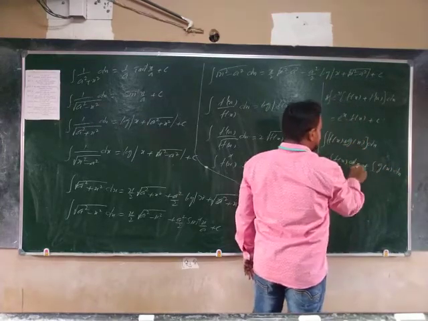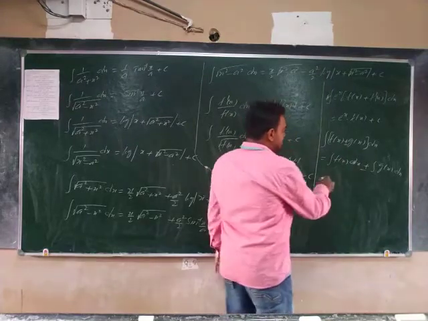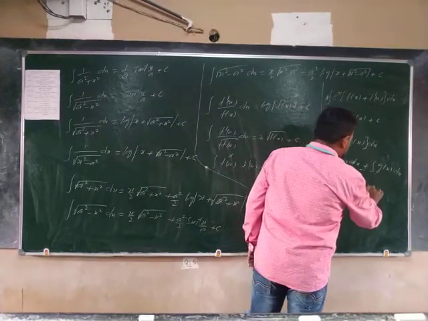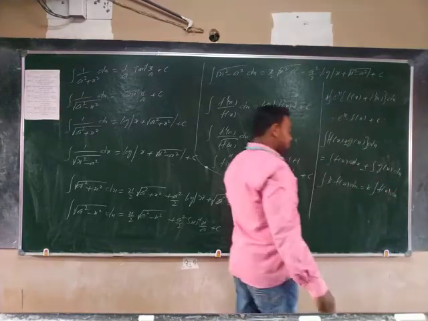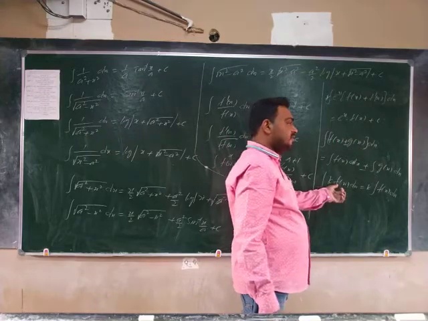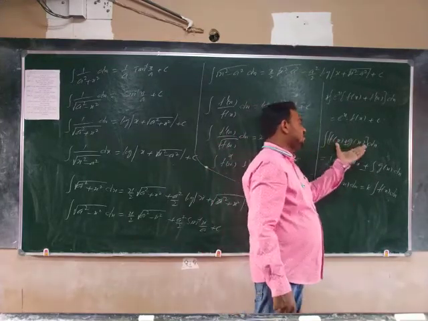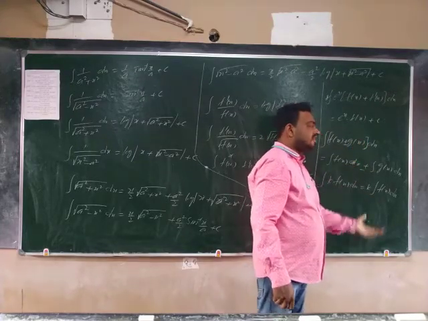If it is minus, we write minus. If it is any constant k, then integration of k into f of x dx is equal to k into integration of f of x dx. Scalar product, sum of functions, and difference of functions integrals we know.